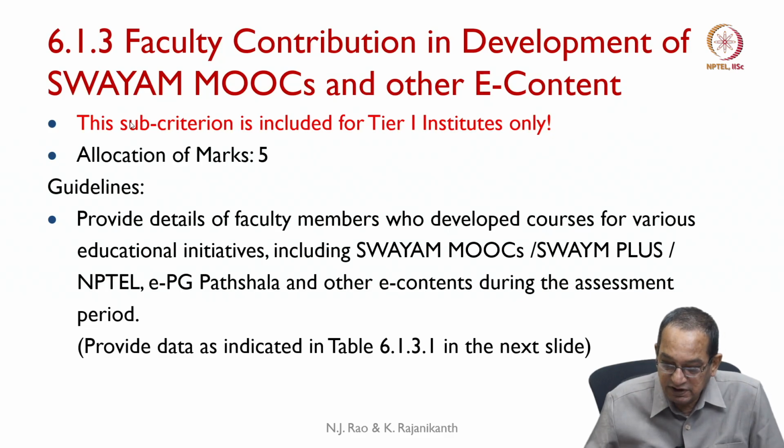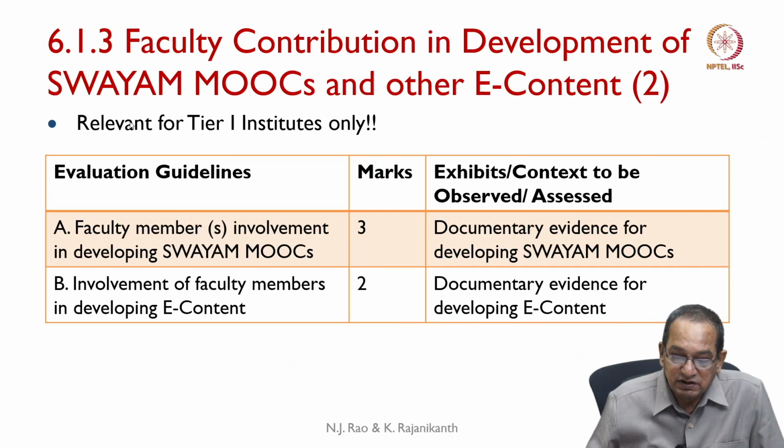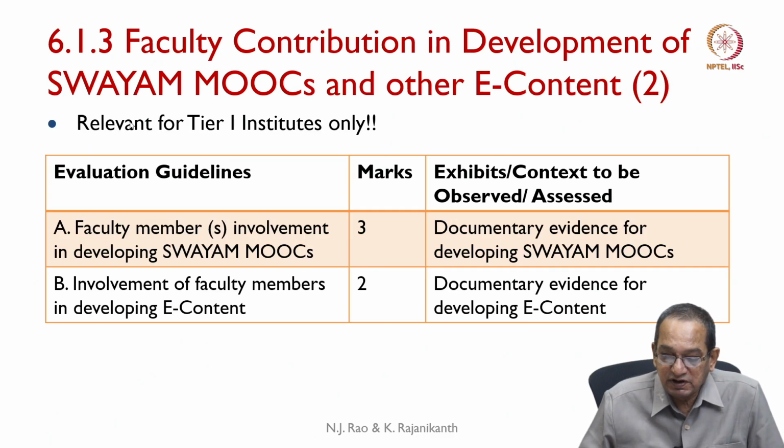Simply provide the data, and based on that the evaluation committee, the visiting committee, will determine the marks. This table is relevant for Tier 1 institutes only, and you simply provide the list, the name of the faculty and the name of the course developed. Based on that the committee will award marks. Of course, we must have documentary evidence.